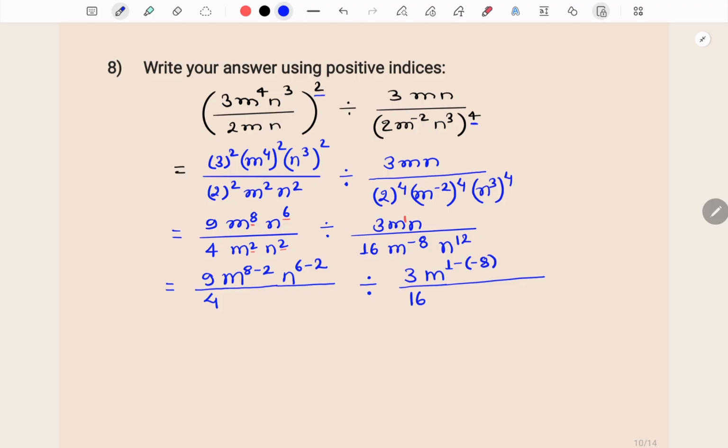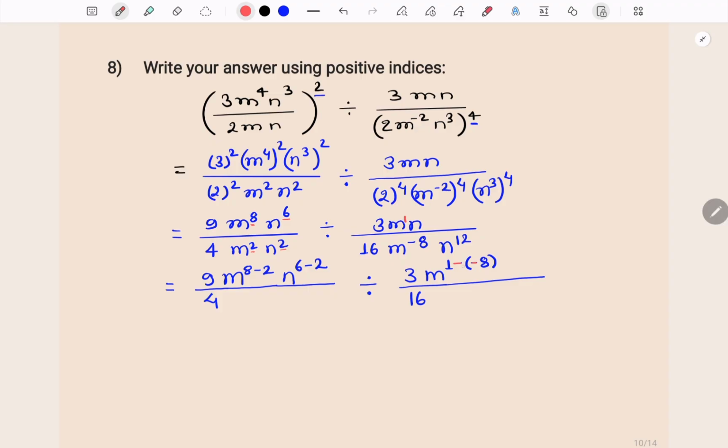Be very careful with the signs, because you can see I have put two negative signs here. The first negative sign comes from the concept of subtraction. We need to subtract the indices. And the second negative sign is the default sign of this power that is present in the m of the denominator.